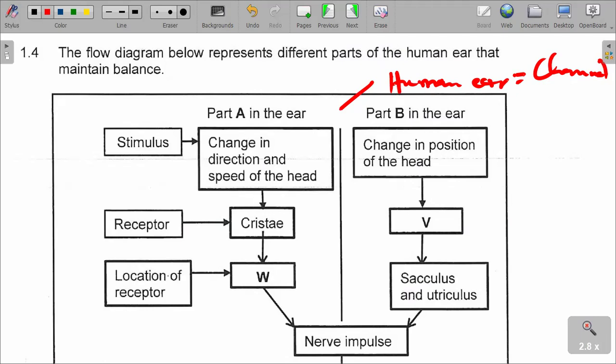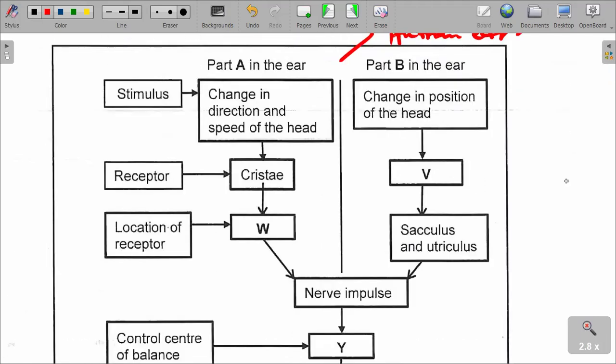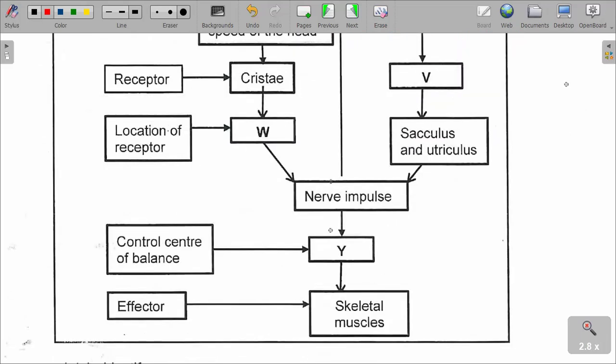So we have got the stimulus, change in direction and speed of the head, the crest, we have got the location of the receptor, and then the nerve impulse. We have got a change in position of the head, which results in the circulars and the articulars responding and sending a nerve impulse, and then the nerve impulse is sent to Y, and we have the skeletal muscles, therefore to the effector, also the control center, which is Y. So now, what is asked?